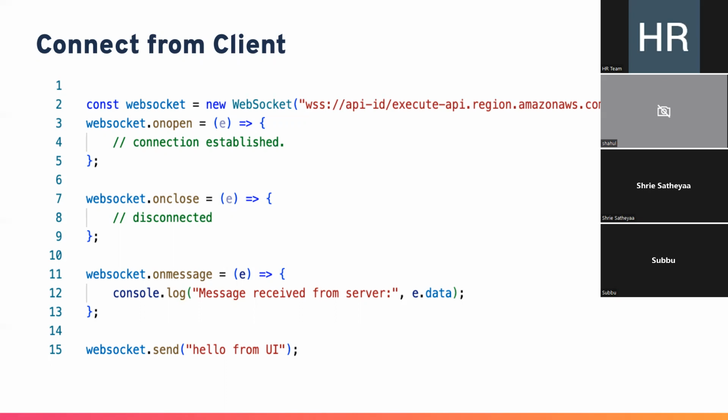It won't do the automatic reconnection unless you manually add that code in this on close block. Until we add that automatic reconnection code, it won't happen. Once the connection is disconnected, that's it.